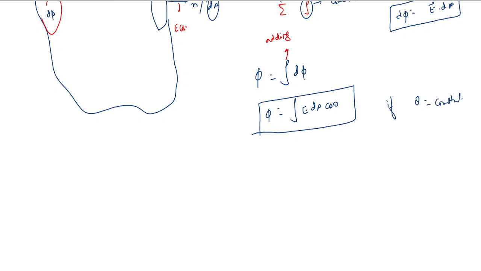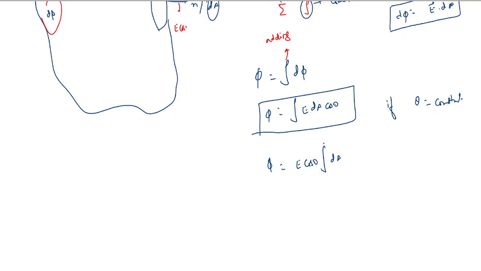In that case, even this term would be a constant. This comes out now. So phi is equal to E comes out, even cos theta comes out, into dA. E is taken outside because we assume it's a uniform electric field, which means the field at all points is uniform.